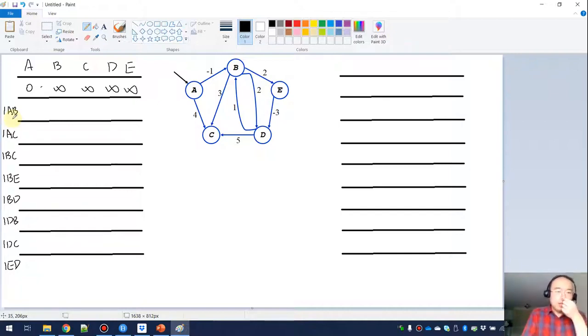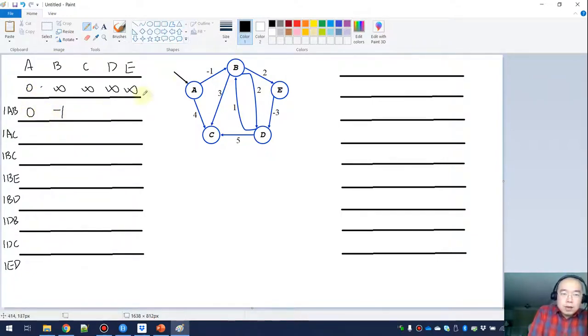Okay, so let's start from here. When I'm visiting AB, I have important information: based on A, which is 0, I can go to B, and the cost is -1. So I'm going to update it to -1 here.